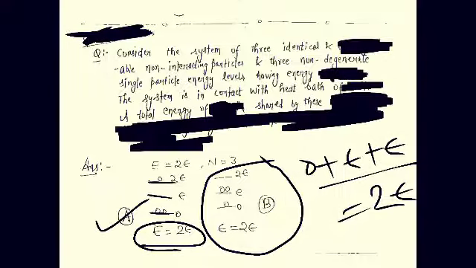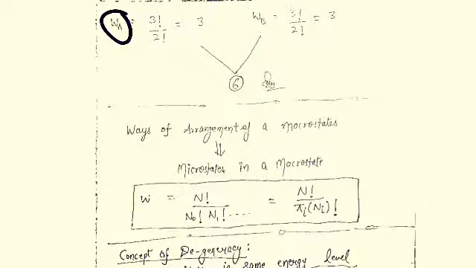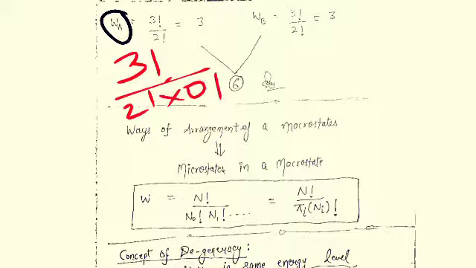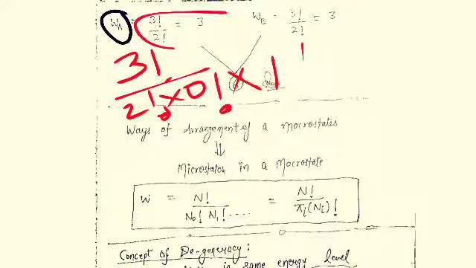The formula is: the total number of particles factorial, upon the factorial of the number of particles in each energy state of a macrostate. So for A, 2 are in the 0 energy state, so 2 factorial, multiplied by 0 factorial for the second energy state, and one particle in the third energy state. On calculating, we get the answer 3.